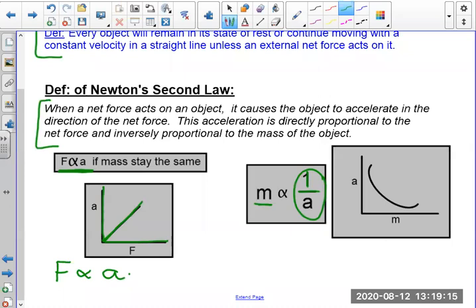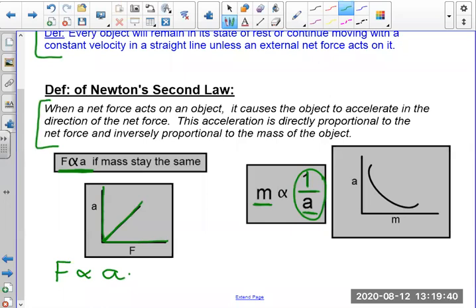No offense to anyone, but if you have a fat person and a thin person and they have to run against each other, say 100 meters, I promise you the thin person is going to win, the one with the least mass. So the mass is inversely proportional to acceleration.